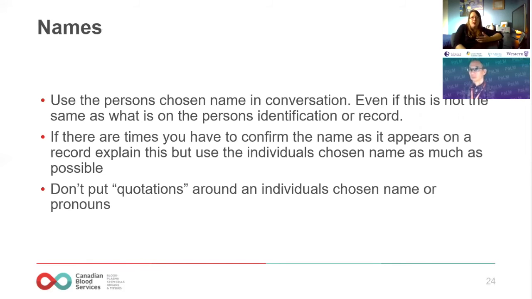There might be times where you need to use the name as it appears in the record or on legal ID, but it's always important to explain the reason why you need to use this name, and to explain to the individual that you will use their chosen name in all other interactions. It's important not to put chosen names in quotations or to put quotations around pronouns, just like you wouldn't for cisgender individuals.